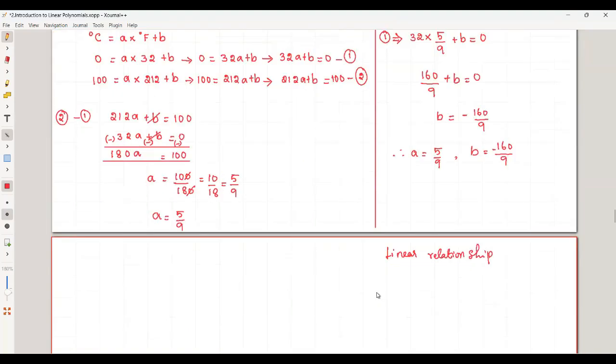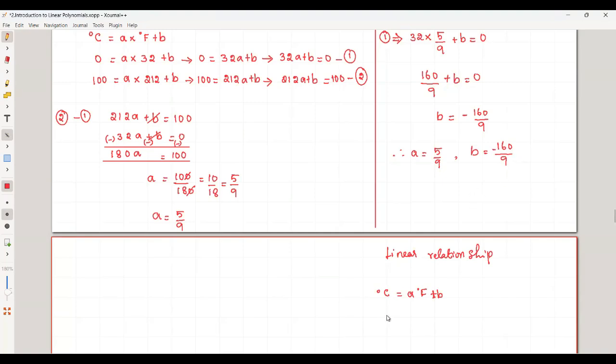So it's given that degree Celsius is equal to A degree Fahrenheit plus B. This is the given condition. In the place of A, I have to substitute 5 by 9, and for B, I have to substitute minus 160 by 9.